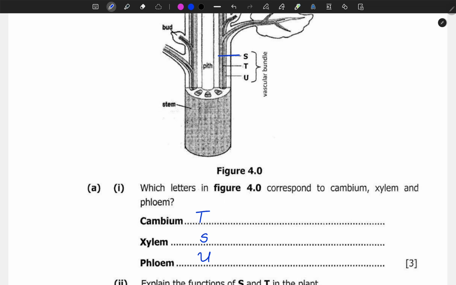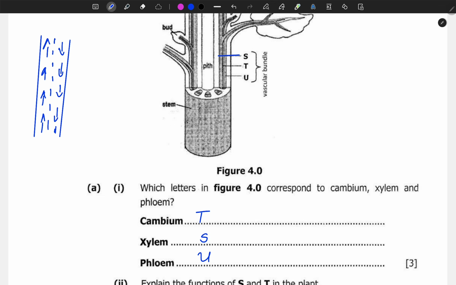So the way this vascular system is arranged is like this. Let's look at a two-lane road like this. There is a dotted line in between the two lanes, indicating that one lane is for the cars going up, then the other lane for the cars going down.